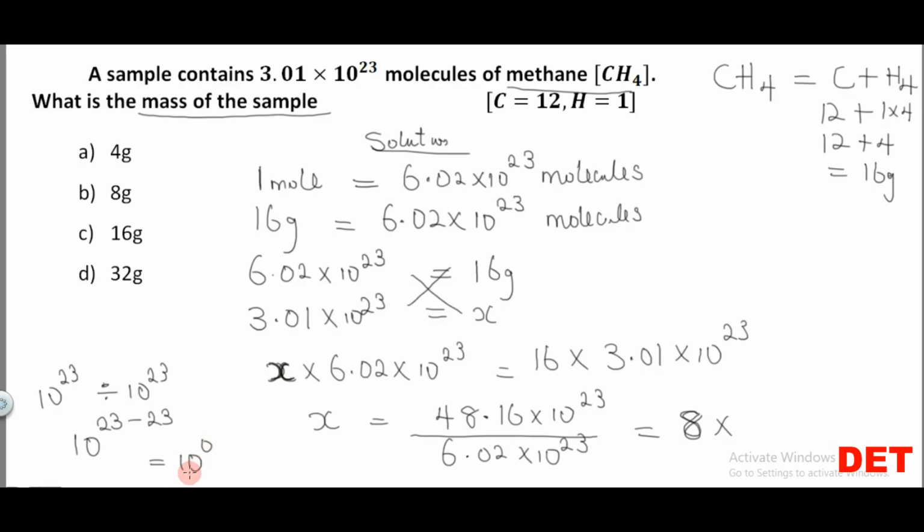And anything raised to the power of 0, from the zero index law, is equal to 1. So that is times 1, and 8 times 1 is equal to 8 grams. So this is our answer to this question. It's a very simple and straightforward question. So the correct answer to this question is option B, 8 grams.